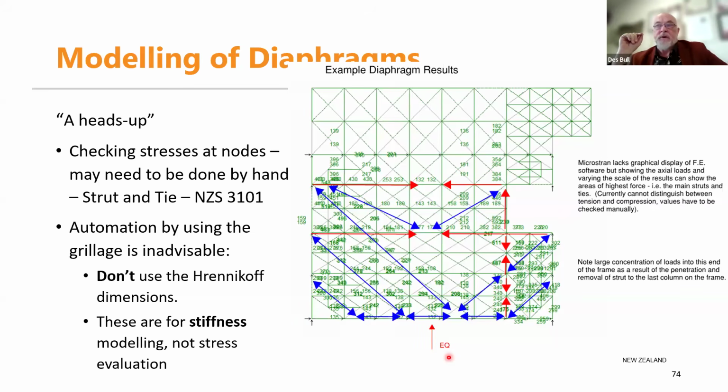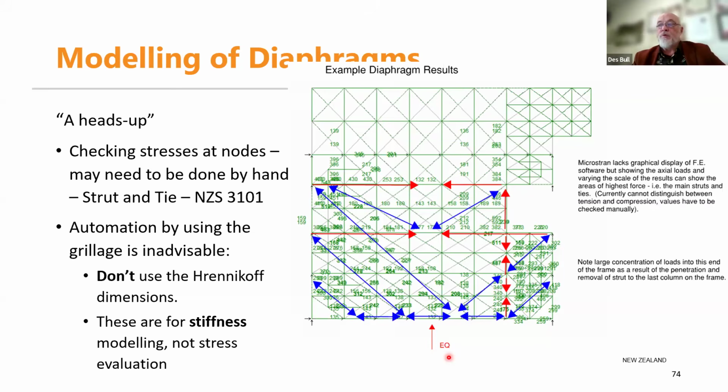You don't get a good idea of what your stresses look like at your nodes, where the forces are actually entering and leaving the vertical lateral system. Don't use the Hrenikoff dimensions for working out stresses. They are simply a means to an end to give you about the right stiffness. Don't use the Hrenikoff 0.63 grid as a dimension for checking stresses. That's an absolute don't do it.